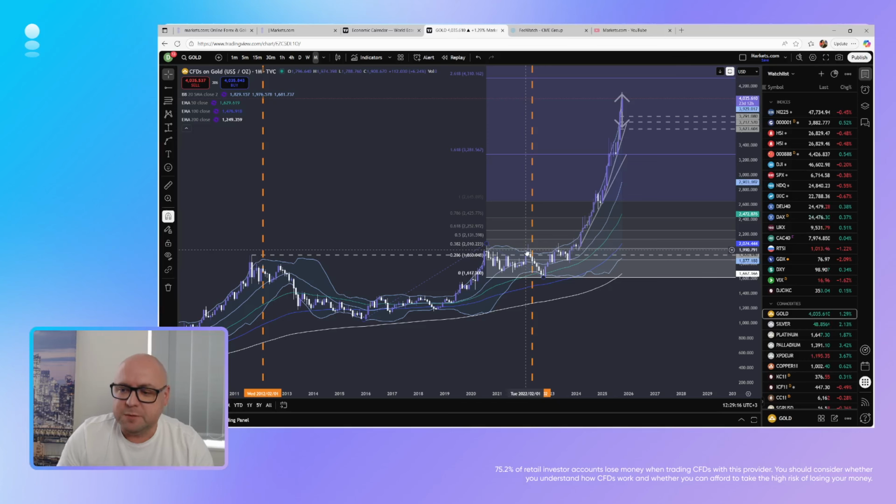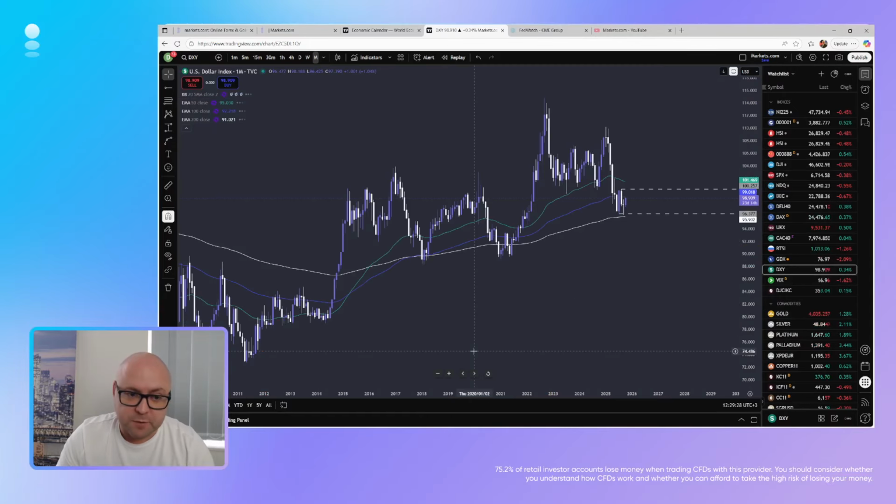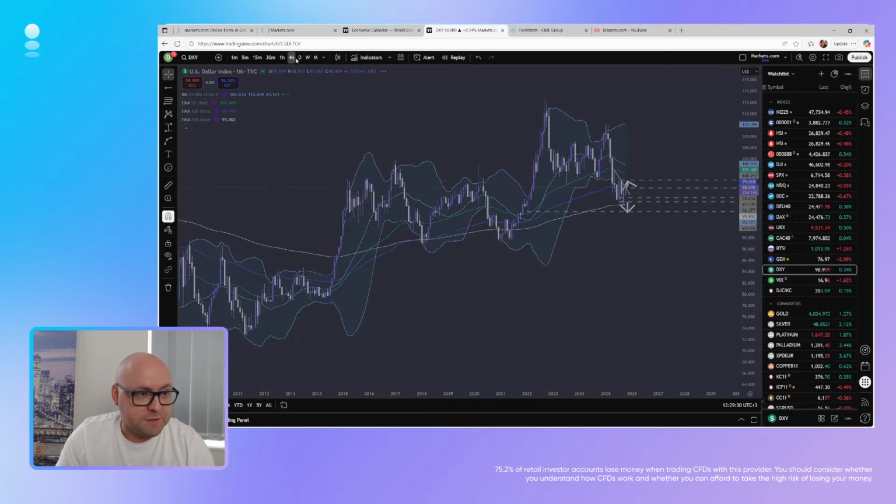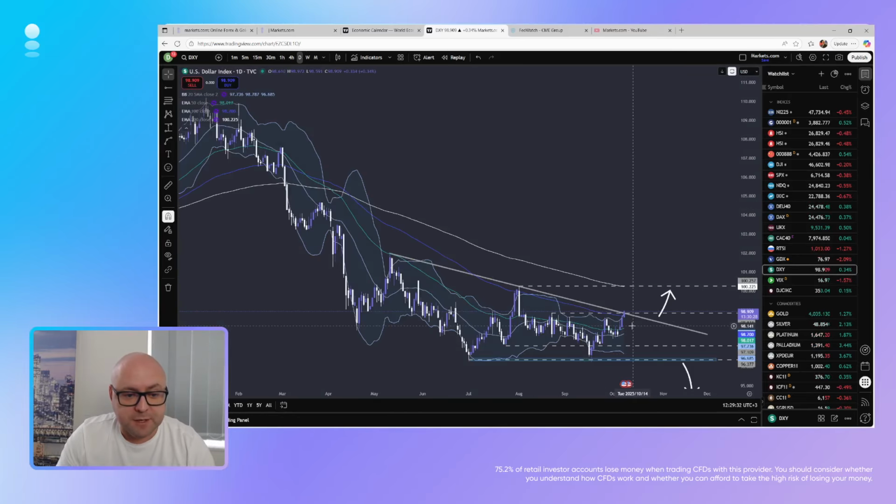Maybe people will start searching for value in other safe havens, and potentially DXY could be one of those. So what we're seeing right now is a push higher. We're seeing a break of this downside line. So in a way, it's all looking a little bit more bullish in the short run.